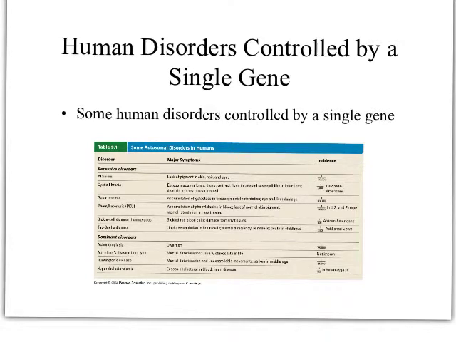So some human disorders are controlled by single genes. It's just one gene that is going to control whether you have this or don't. For example, albinism, which is the lack of pigment, people that have no pigment in their skin, hair or eyes.